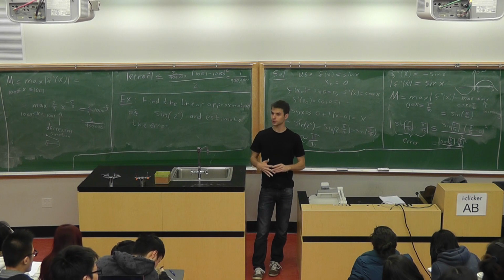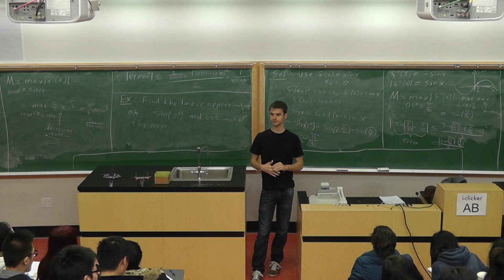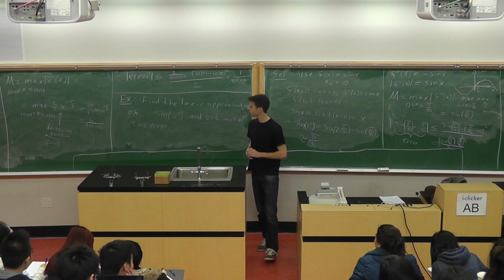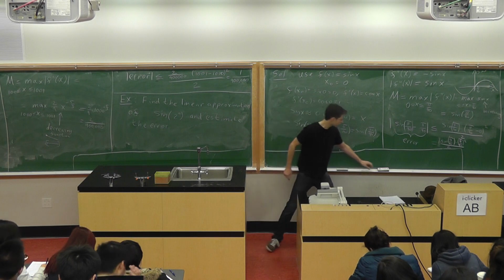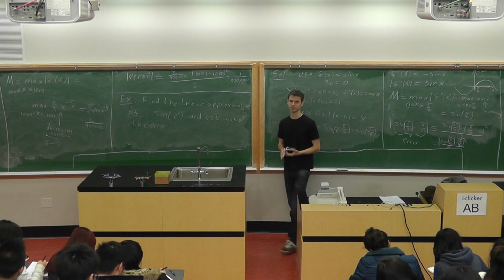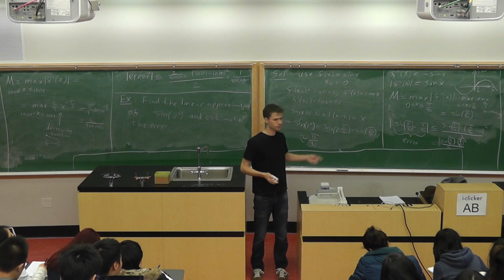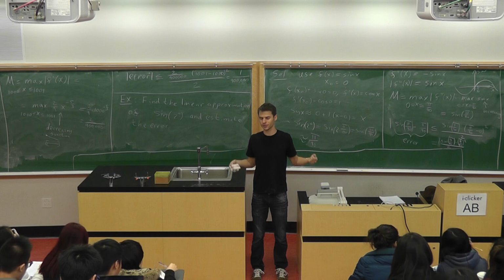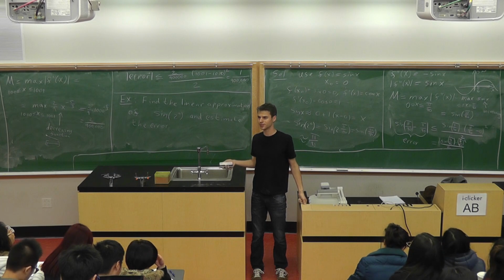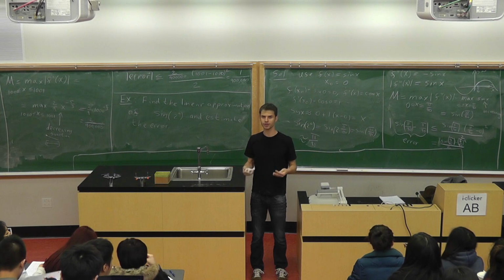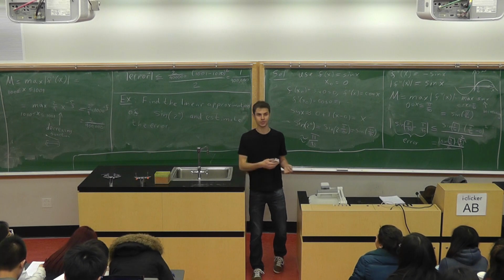Okay, so now let's switch to another topic. Basically, on this topic we expect you just to know how to solve the simplest kind of problems. Estimate the error in linear approximation for a given function.